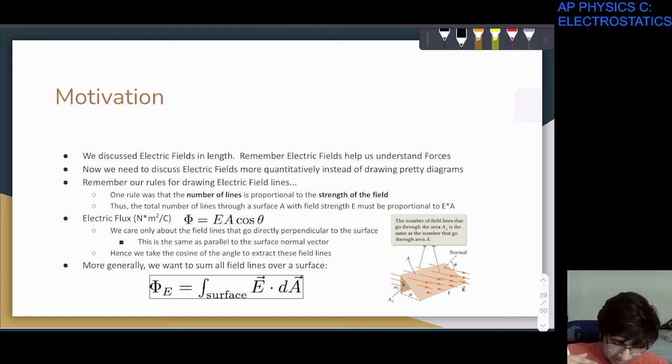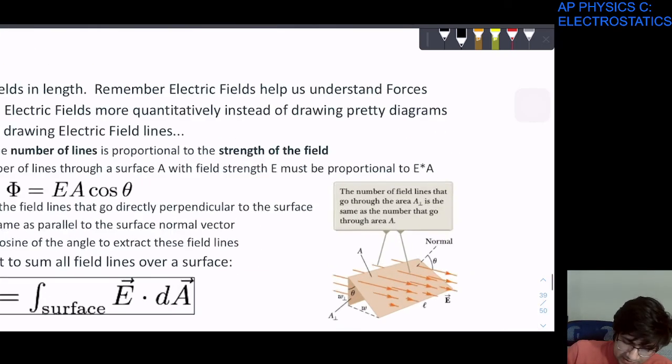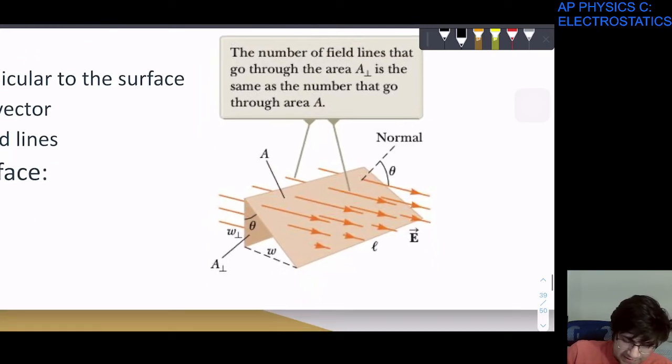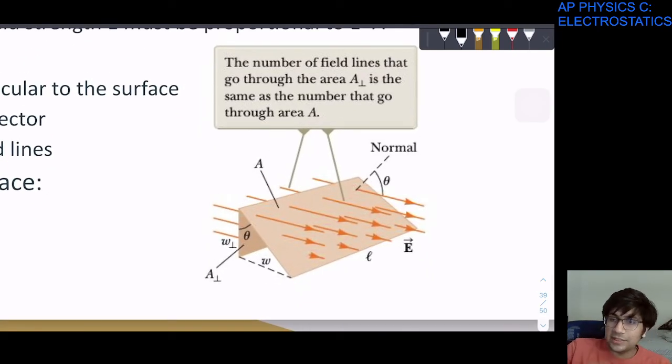Now, one concept that we'll see now and also in magnetism is flux. You can think of this as, imagine in this diagram here you have a bunch of field lines. And now imagine you hold a piece of paper at some oblique angle like this over here. Now consider you hold up the paper completely vertically over here.